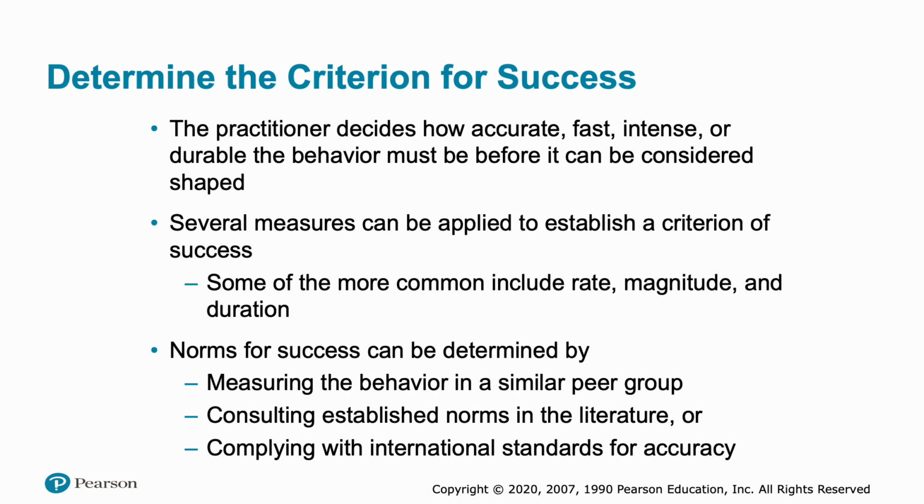Well, I might want to look at how long this client's peers can sit during circle time. In the client's classroom, I might sit and observe another peer's behaviors. I might track the duration for how long they're sitting, and let's say that their peers can consistently sit for around 5 minutes, and then after 5 minutes they all get squirmy.